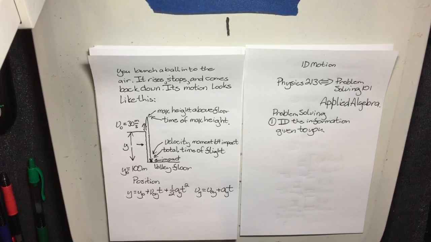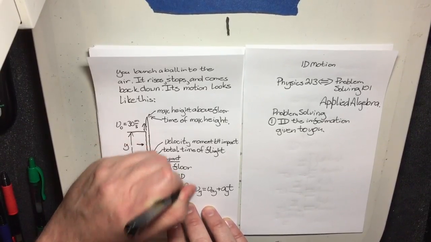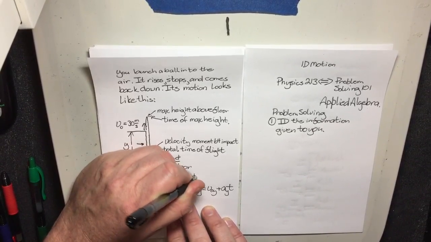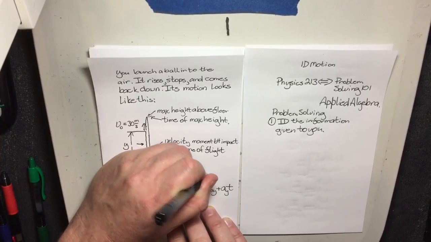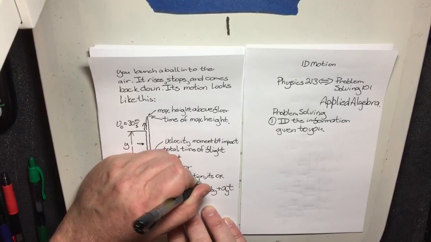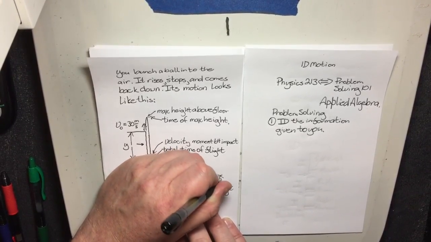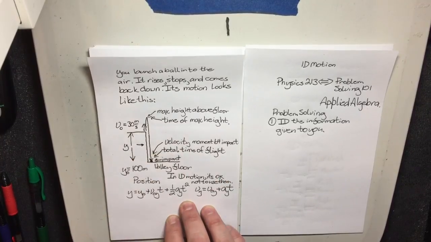Now I included the subscripts because we're dealing with the y-axis, the vertical axis. In one-dimensional motion, it's okay not to use those particular subscripts.